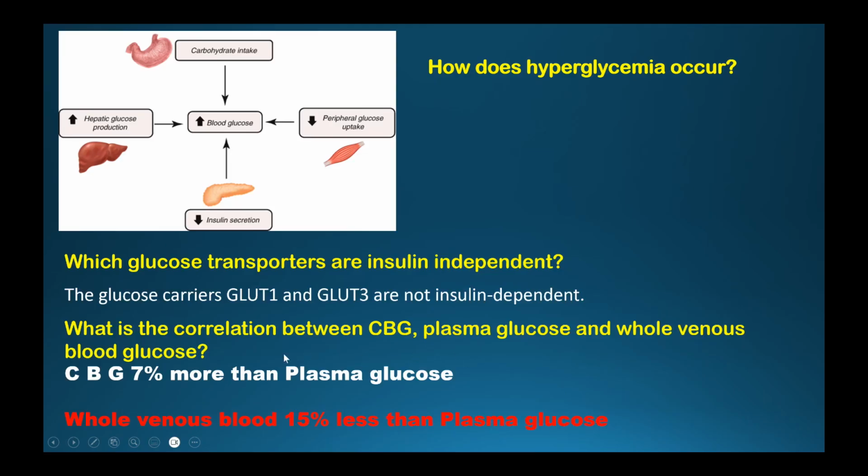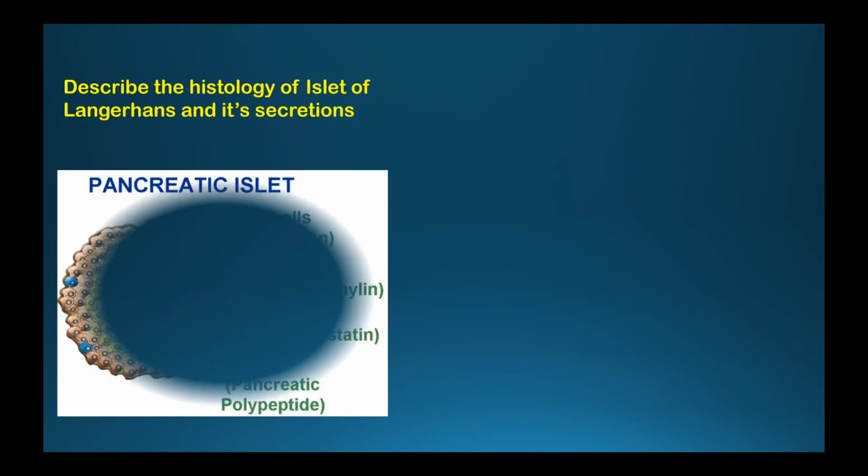The accurate measurement of glucose is done by measuring the plasma glucose after centrifuging the blood sample. But for emergency sake, when you take CBG, you always add 7% to that value. For example, if your CBG value is 100, then the plasma glucose will be 107. So it's always slightly higher. That is how you correlate these three.